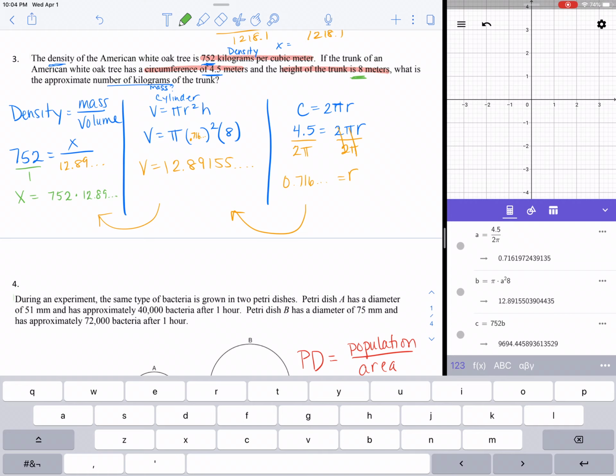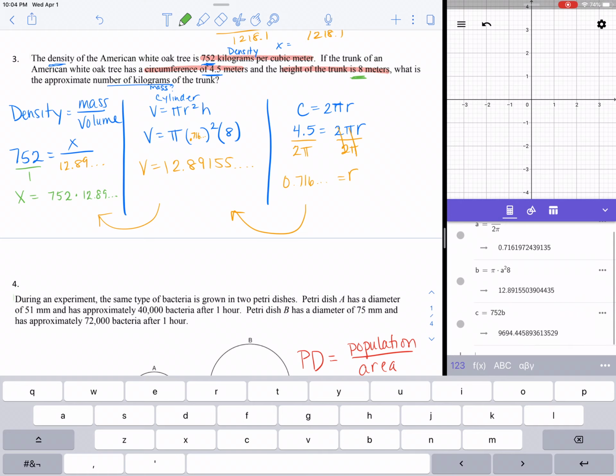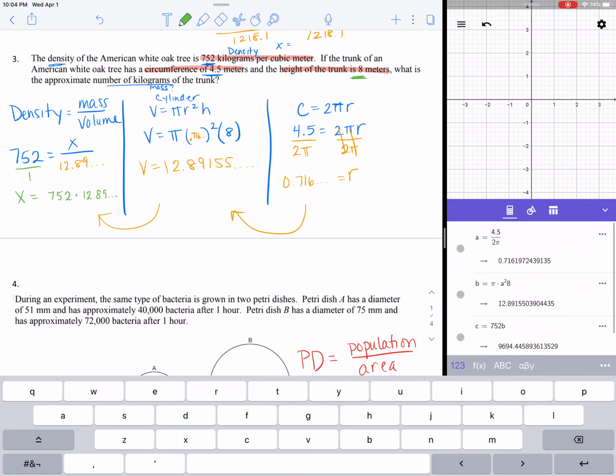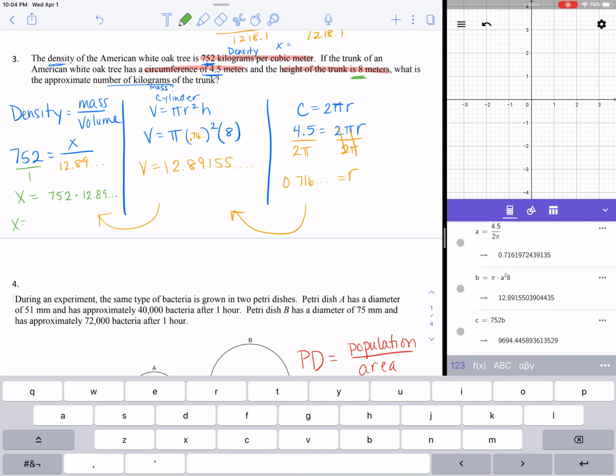So I did that in the calculator by taking 752 and multiplying it by B, because the calculator assigned that exact value to B. And then I get x is equal to 9,694.445 dot, dot, dot. It doesn't say what to round to, it just asks for the approximate number of kilograms, because on the Regents this was a multiple choice question, and the choice that was the answer just said 9,694. So that was my final answer to this question.